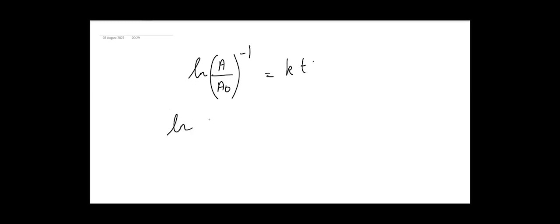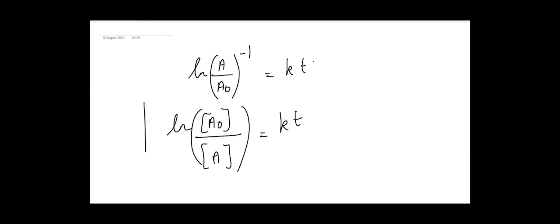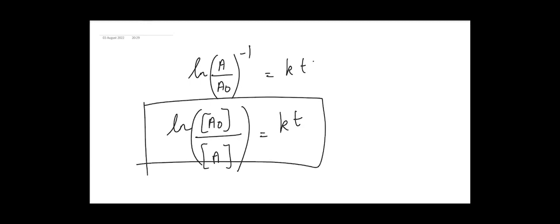So we get the final equation as log of A naught by A is equal to k times t. So this is the equation specifically for the first order reactions.